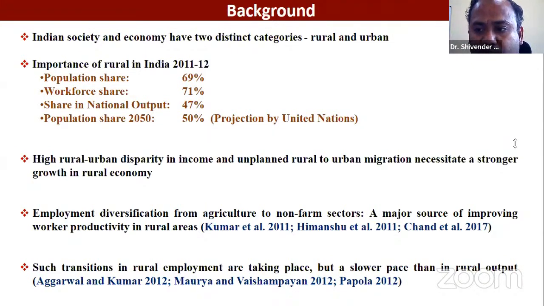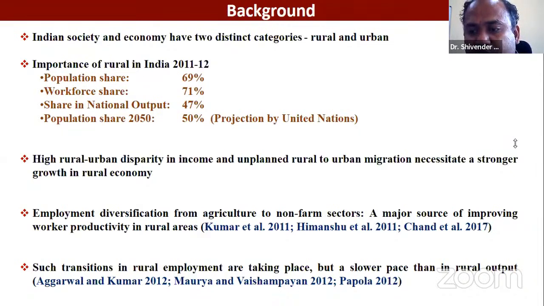But if you see the empirical data, you will clearly come to know that rural areas are still predominant in India. Take indicators like population, the workforce, the share in national output, or the future projected population. About 69% of India's population, based on Census 2011, still resides in areas classified as rural.